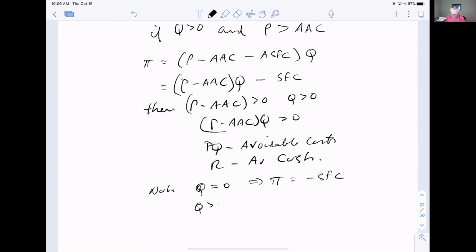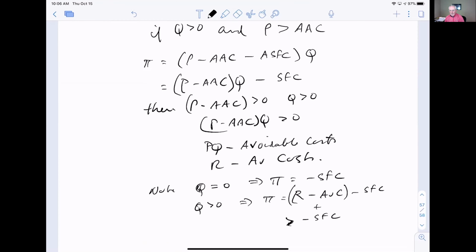If Q is positive, that implies now that profits are equal to, as we said, the revenues minus avoidable costs, which we're saying is positive, minus sunk fixed costs, and that will be greater than minus sunk fixed costs.